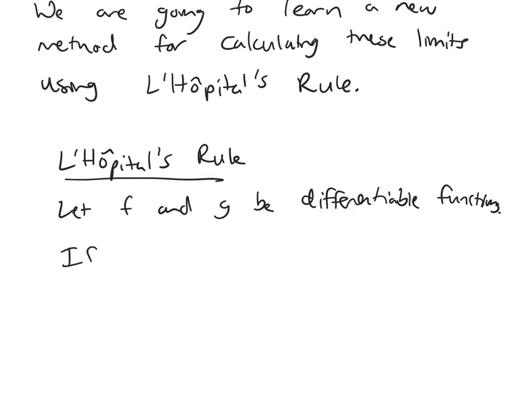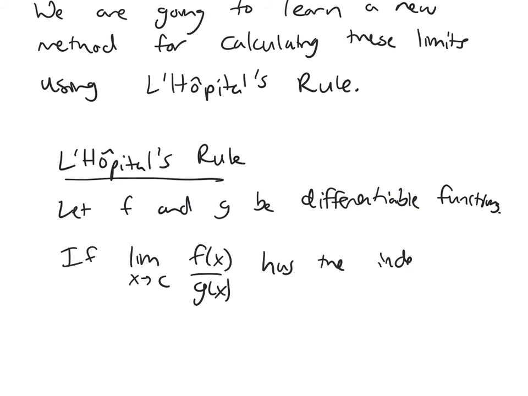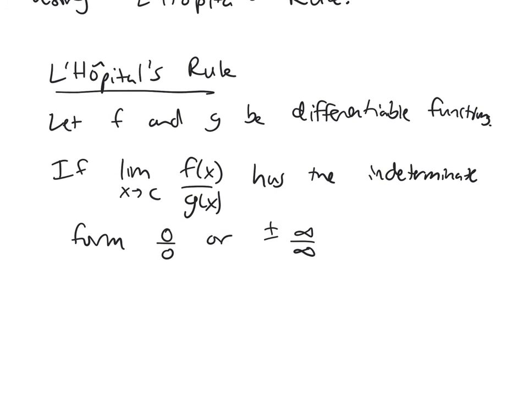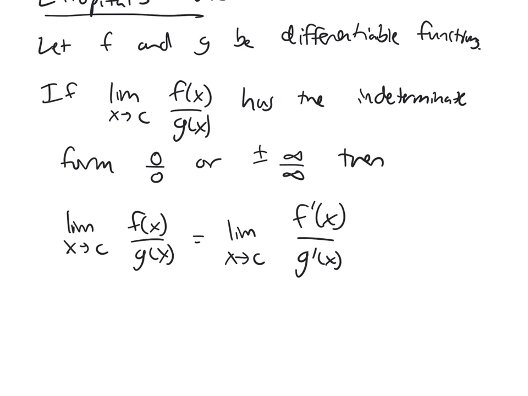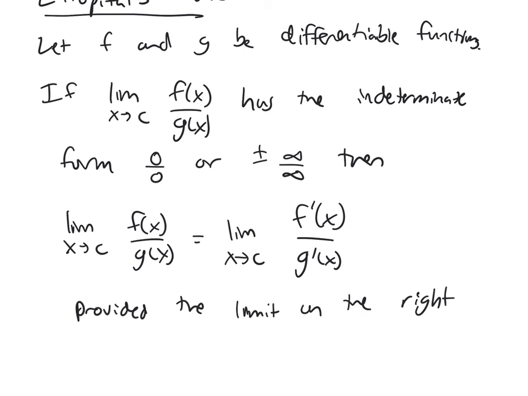If the limit as x goes to c of f of x over g of x has the indeterminate form 0 over 0 or plus or minus infinity over infinity, then the limit as x goes to c of f of x over g of x equals the limit as x goes to c of f prime of x over g prime of x, provided the limit on the right exists.